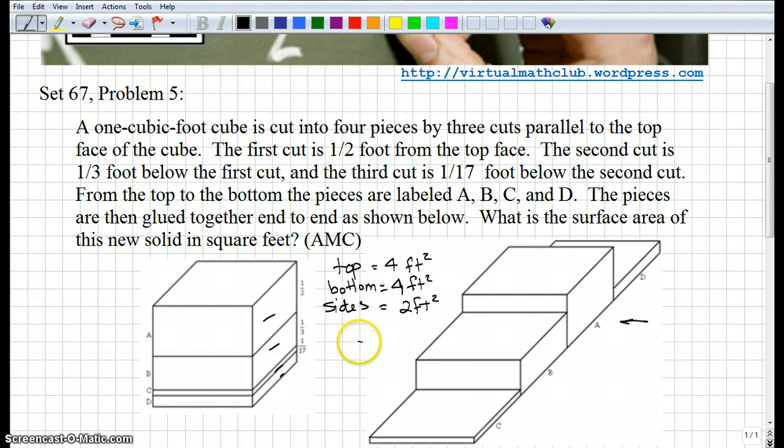And then finally, let's look at it end on. Let's either look at it coming this way or looking this way. We're going to see these surfaces here, here, here, and here. Well, the tallest one is a 1/2 a square foot, right? This is one half from top to bottom.